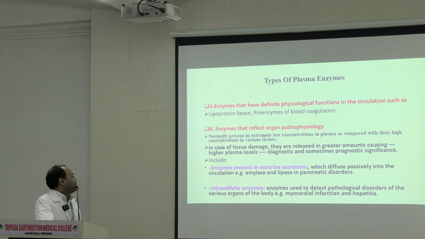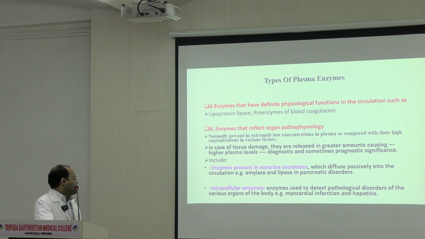These are non-plasma enzymes. In case of tissue damage, they are released in greater amounts, causing higher plasma levels. This leads to significance in diagnosis and sometimes prognostic significance. This is the importance of non-plasma enzymes.